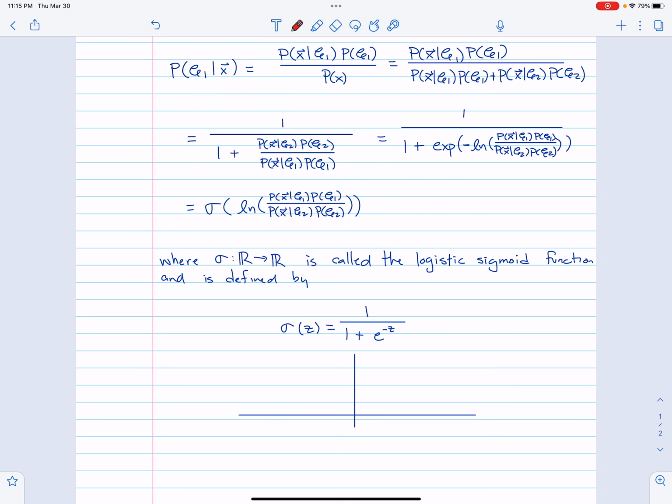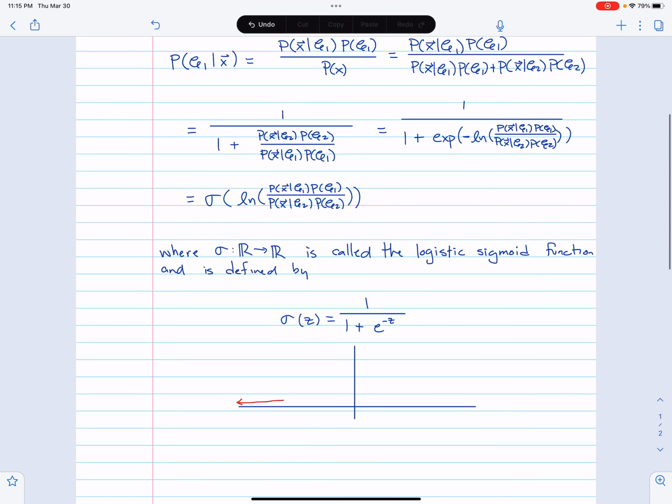So as you go to negative infinity, the function goes to 0, and you have an asymptote at 0. As you go to positive infinity, this exponent goes to negative infinity, which means this thing goes to 0, and therefore the whole thing goes to 1. So you've got an asymptote at positive 1, and your function looks like this in between.